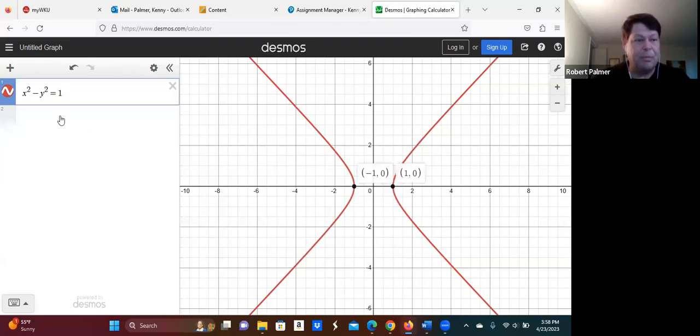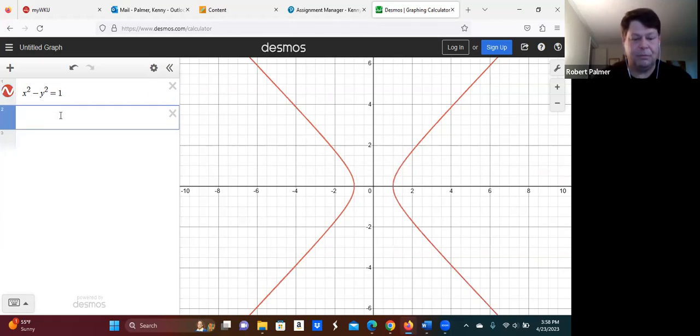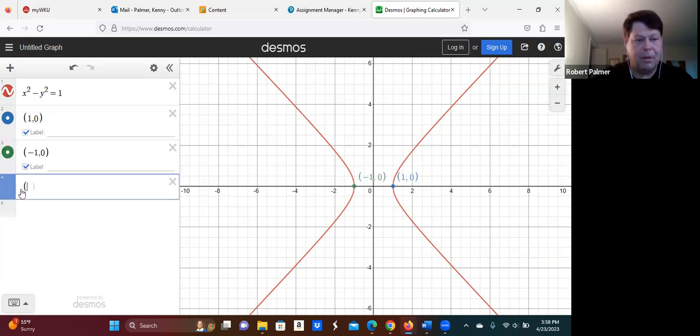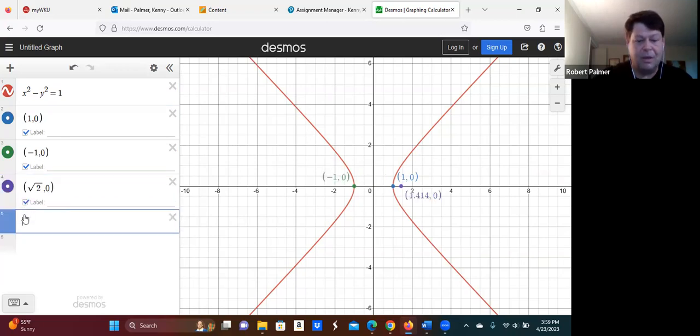And then if we actually label our foci, the square root of 2, 0 and the negative square root of 2.